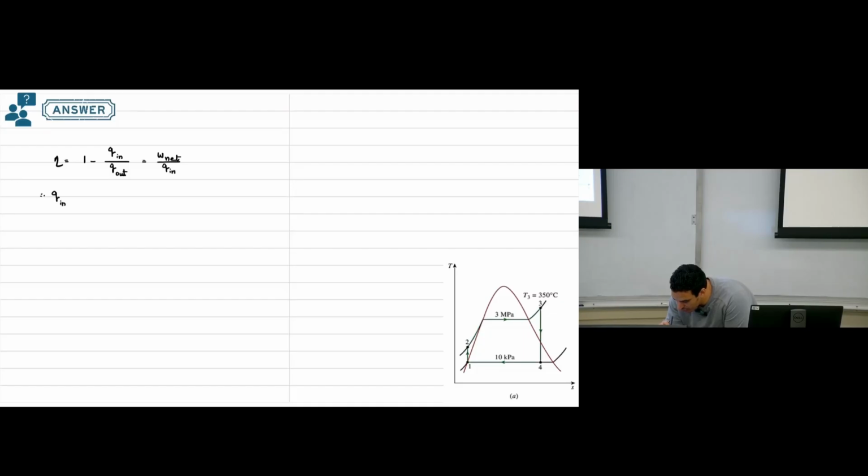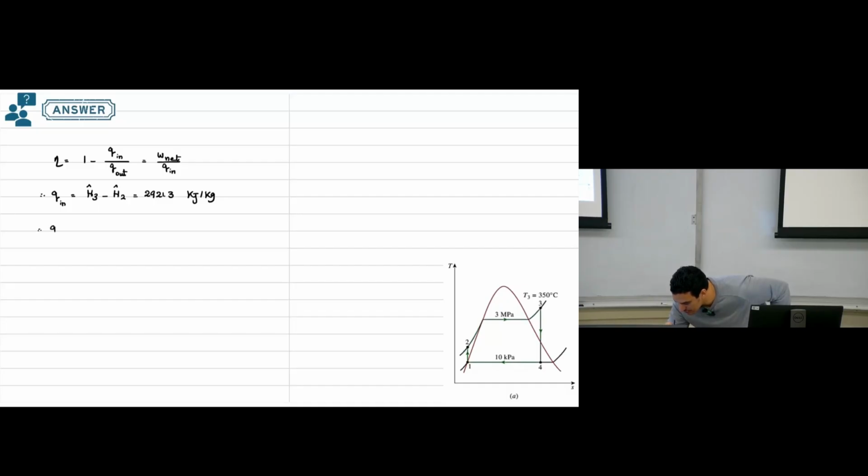Can anyone tell me the amount of heat added to the boiler? Which enthalpy minus which enthalpy? What is the step representing the boiler? 2, 3. So the Qin will be enthalpy at point number 3 minus enthalpy at point number 2. So Qin will be 2921.3 kilojoule per kilogram.